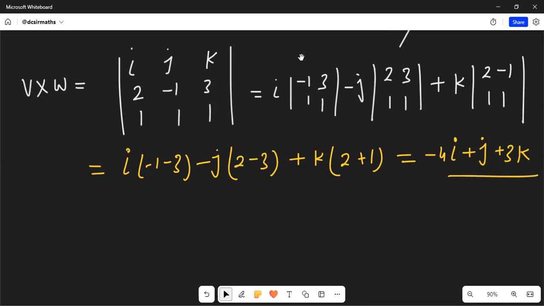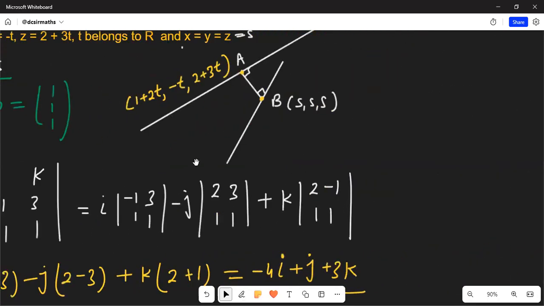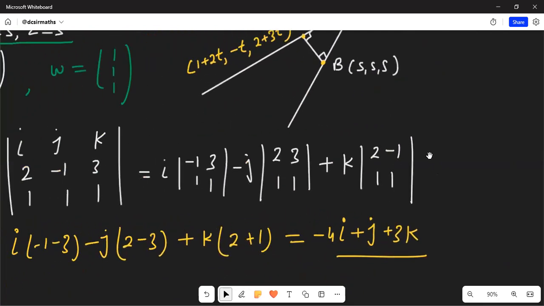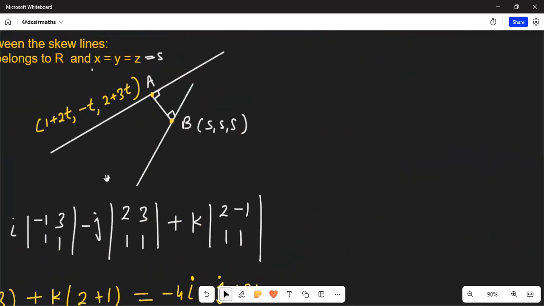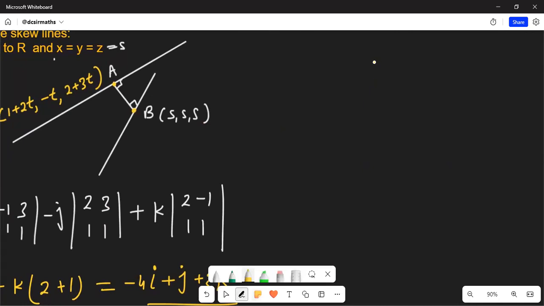Next, let's go up there, and we want to say that the AB vector is parallel to V cross W. What we are saying is, our AB vector is parallel, which means k times V cross W, where k is some real number. V and W are vectors and V cross W we have found. How do we find the AB vector? You are given the coordinates of A and B here.